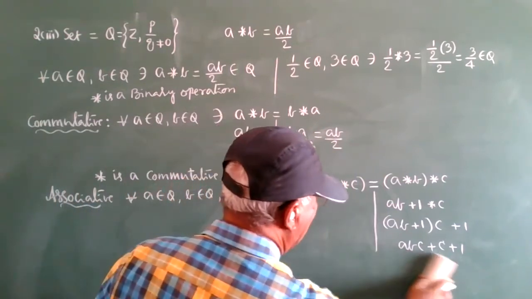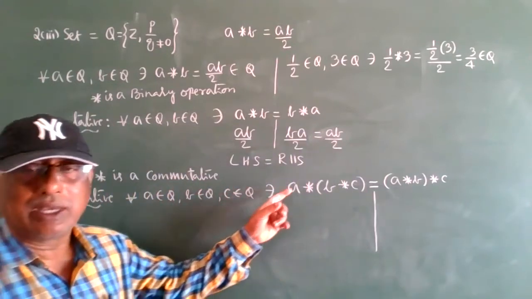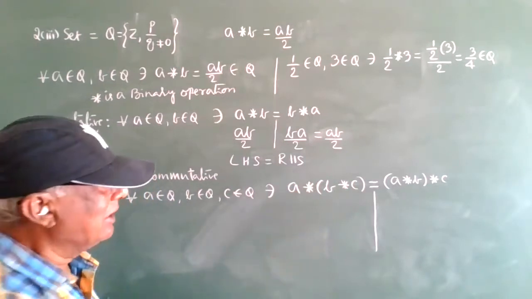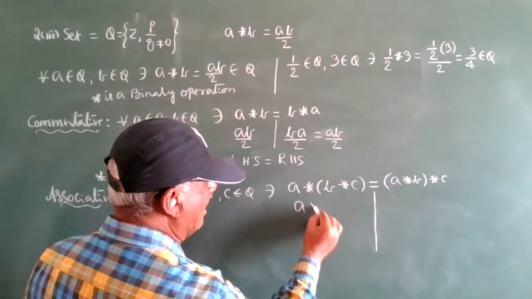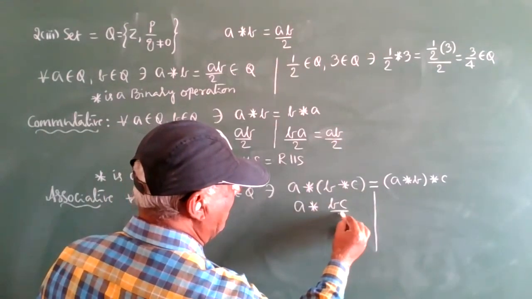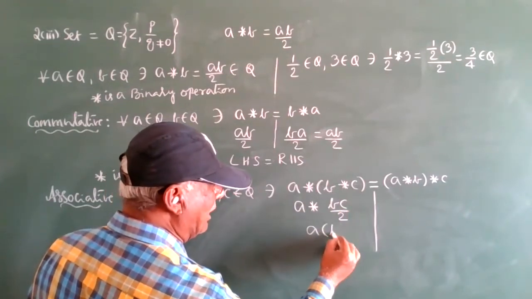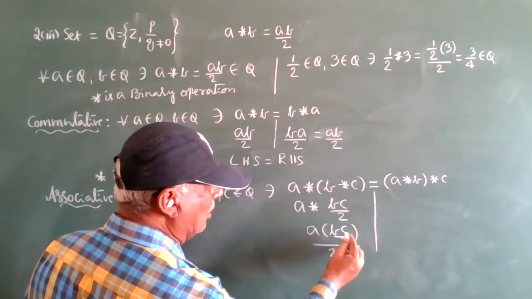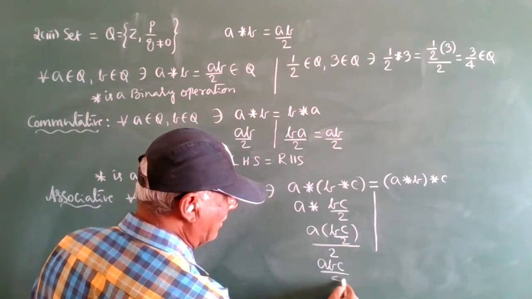Everyone see the associative, left hand side and right hand side. (A star B) star C should equal A star (B star C). Left hand side: A star BC by 2, the product divided by 2, becomes ABC by 4.